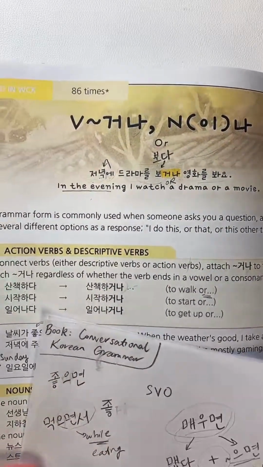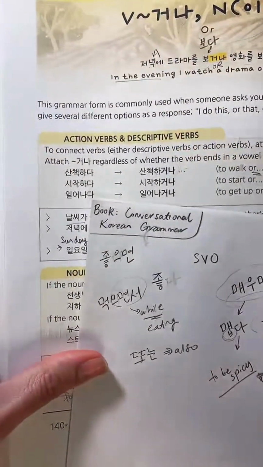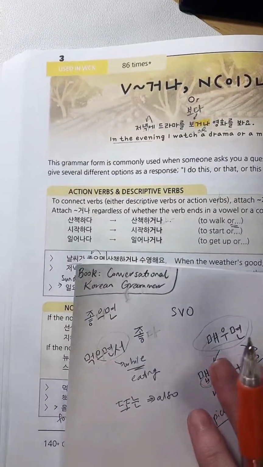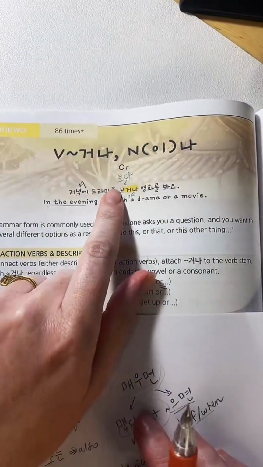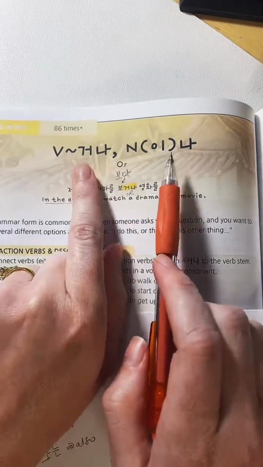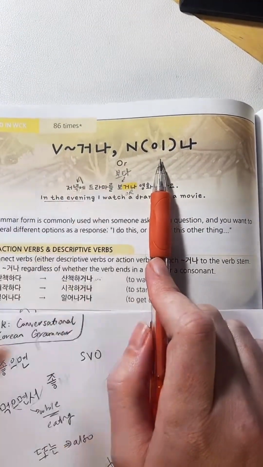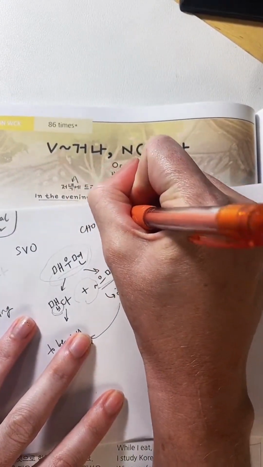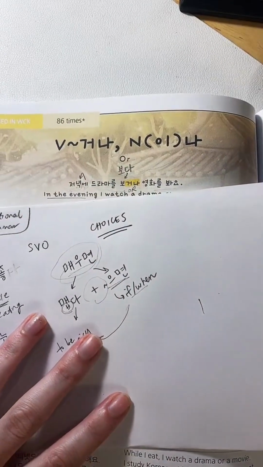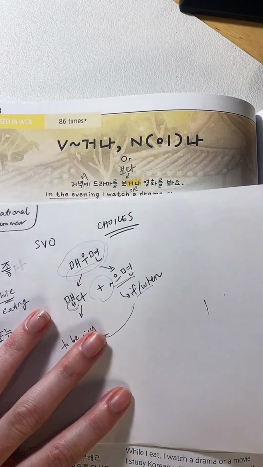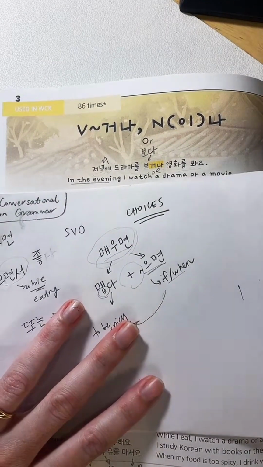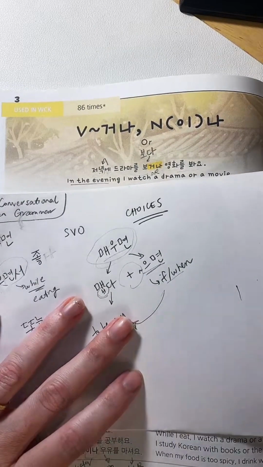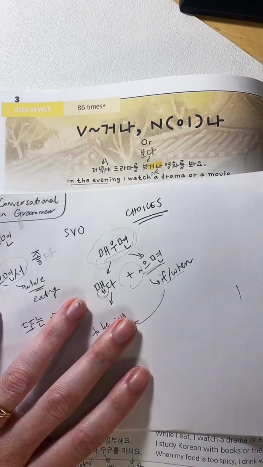Okay, so now I do want to quickly mention that there is one situation in English where we use the word or, but you don't use kona or ina in Korean. And that is when you're asking people to make a choice. For example, you want to ask someone, do you want to drink milk or water?